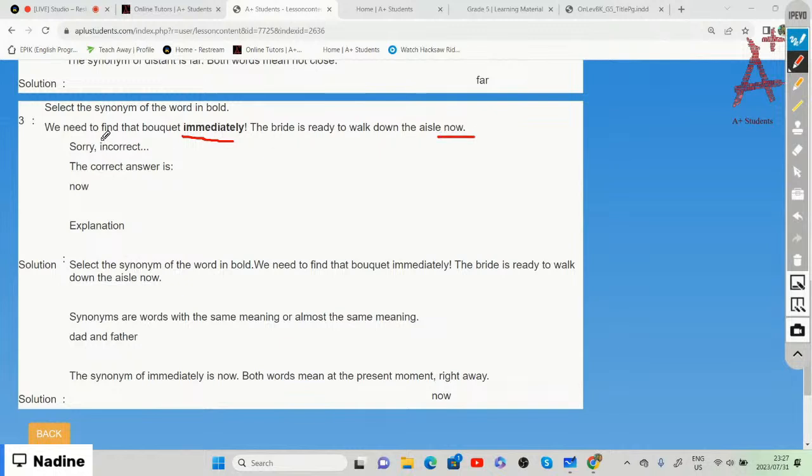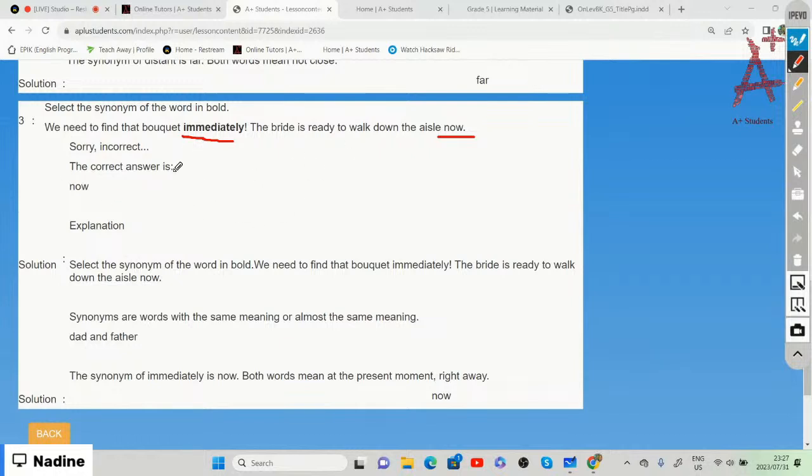So now is basically the synonym of immediately. Both words, immediately as well as now, mean at the present moment. It's like right away, now, immediately.